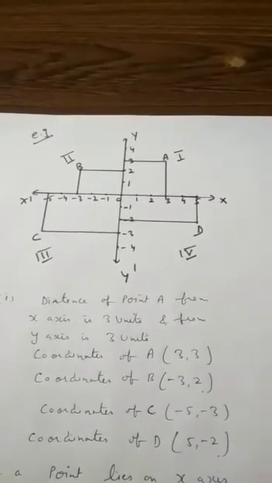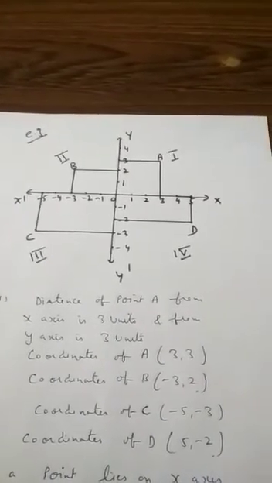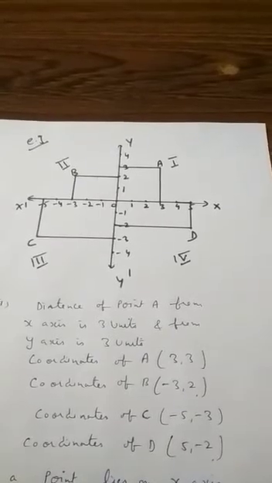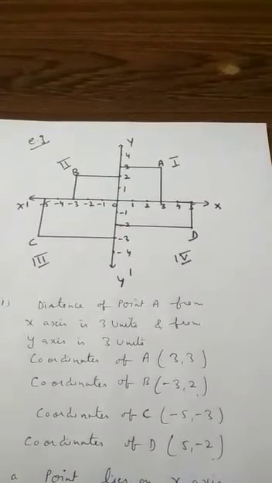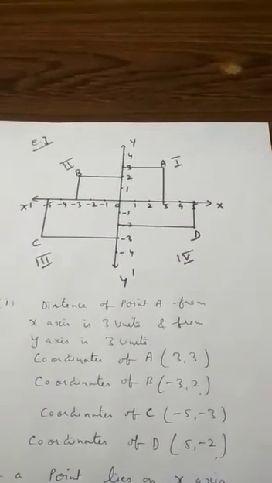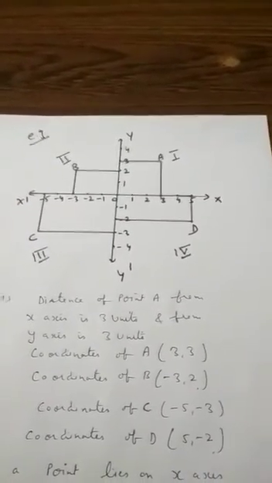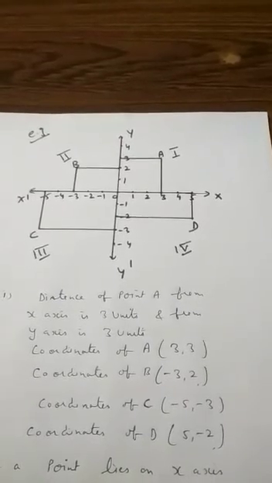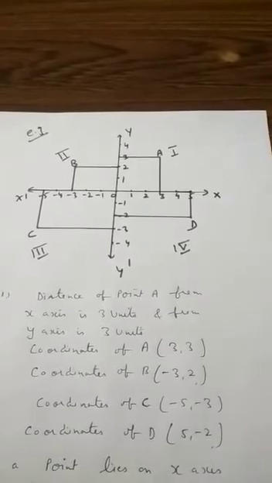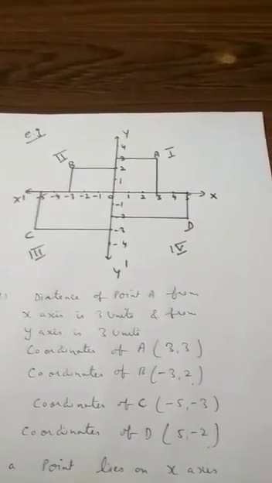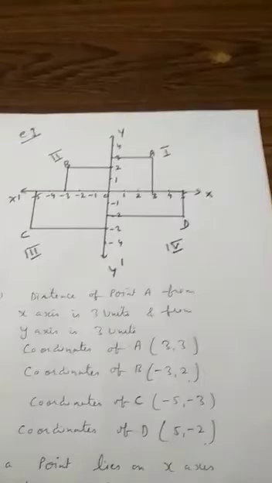Remember that in the first quadrant, abscissa and ordinate both are positive. In the second quadrant, abscissa is negative and ordinate is positive. In the third quadrant, abscissa and ordinate both are negative. And in the fourth quadrant, abscissa is positive and ordinate is negative.